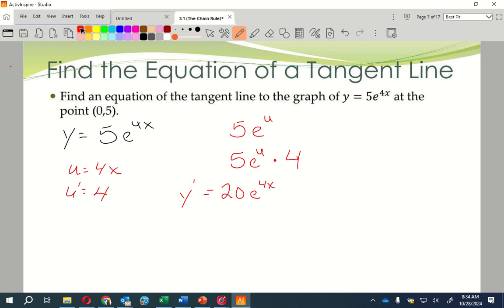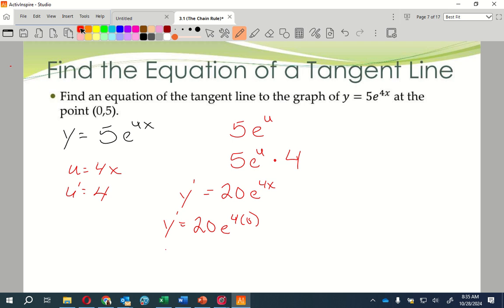And now to find the slope, what do I do to find the slope? Plug in 0 for my x. So y prime equals 20 e to the 4 times 0. Anything to the 0 power is 1. So my slope, because 4 times 0 is 0, e to the 0 is 1, times 20 is 20.